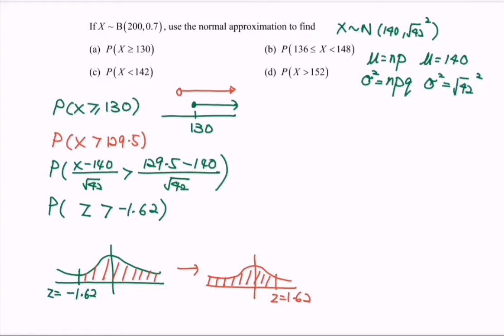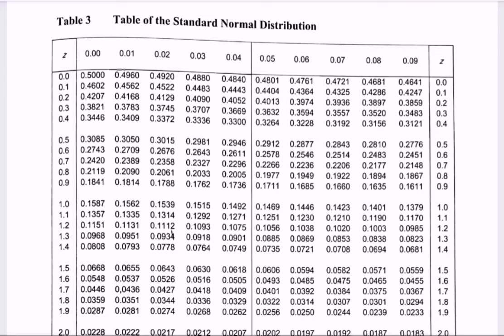So kindly provide the formula: 1 minus the probability that z is greater than 1.62. By referring to the table, here we have the table for the standard normal distribution. Given z is 1.62, refer to 1.6 and then 0.02.